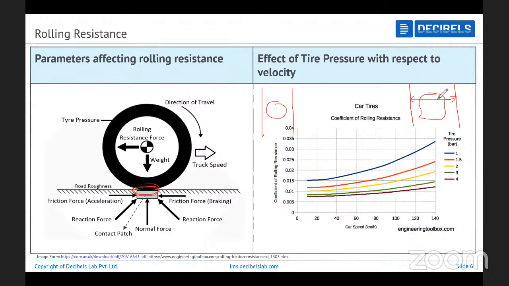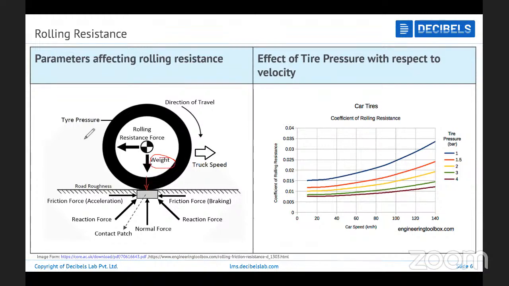So it means the higher the width size of your wheel, the higher the area of the contact patch. So again, it's one of the parameters. And the weight obviously affects the pressure.